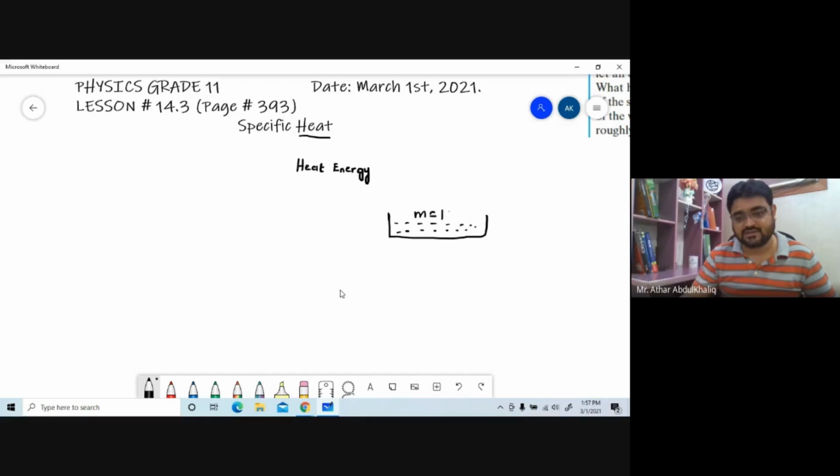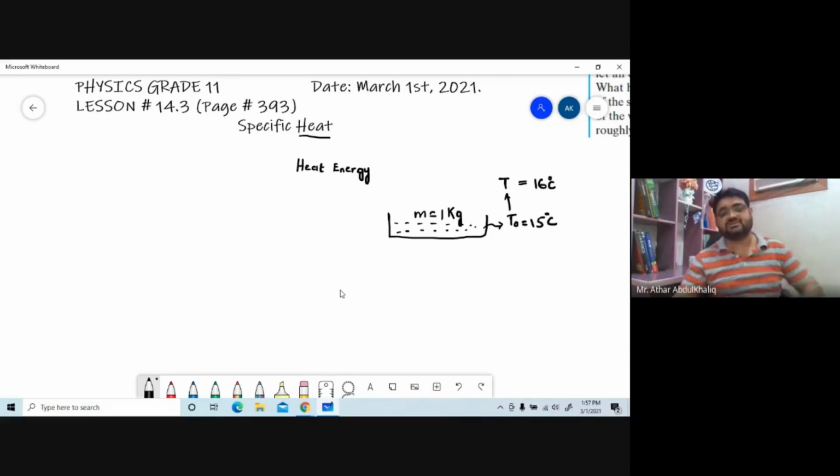Let's say 1 kilogram of water is poured in it, and the temperature of the water is initially 15 degrees Celsius, and I want to increase this temperature to 16 degrees Celsius. So how much is the temperature changing? Delta T is 1 degree Celsius.